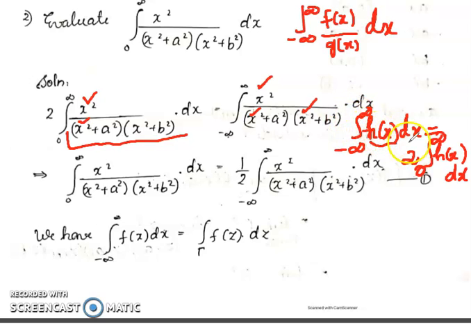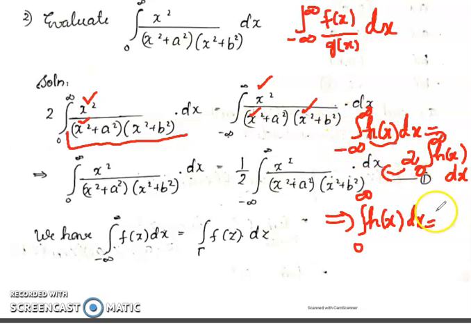So now from this, what will be integral 0 to infinity? Integral 0 to infinity h of x dx is equal to, so this 2 can be taken to the other side, okay? When it goes to the other side, it comes to the denominator, right?